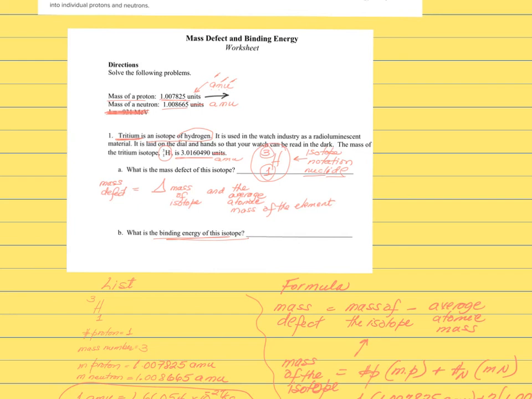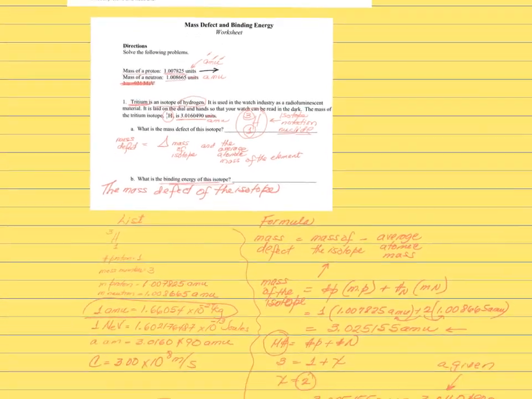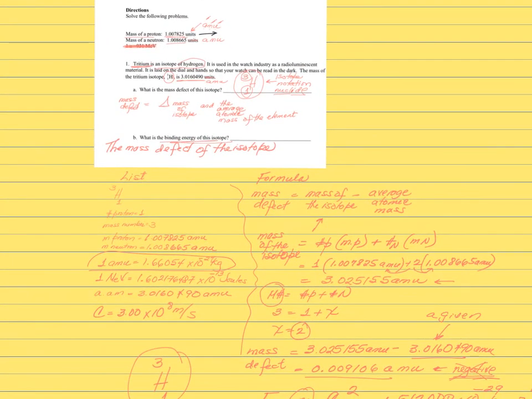The mass defect of the isotope, and you can write that in kilograms, or you can write that in atomic mass units, it doesn't matter, is 0.009106 AMU.